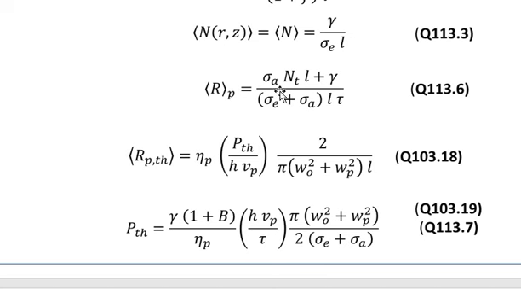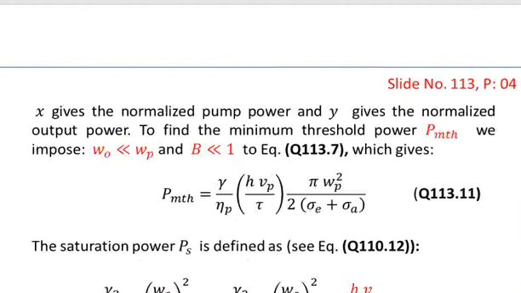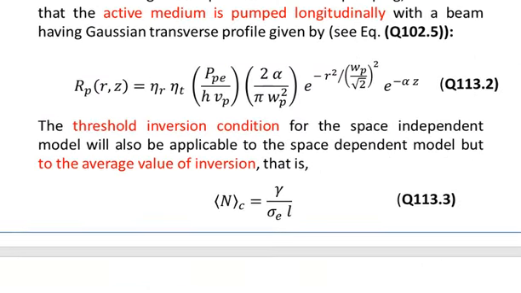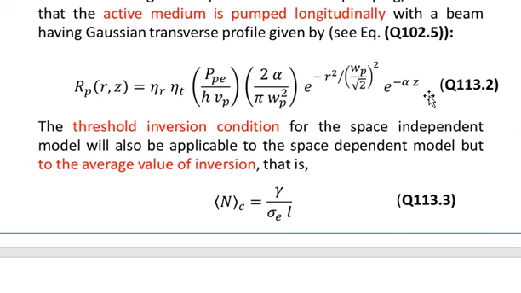So you see that we have already calculated the value of R average, which is shown in equation number 6. And this value can also be calculated in another way. The average value of this one can also be calculated, but for that we have to use this relationship, that is, equation number 2, the value of Rp as a function of r and z.